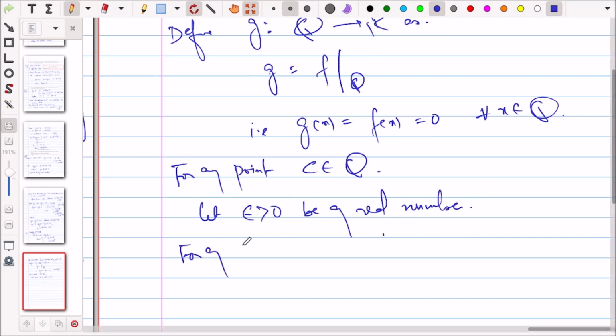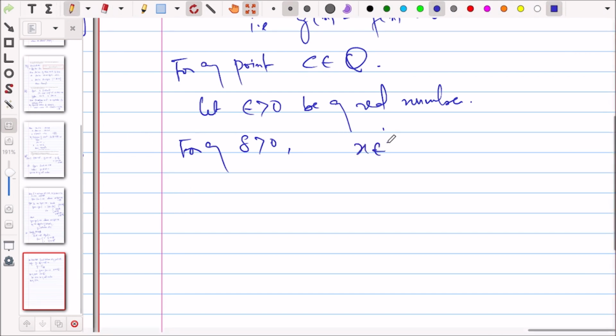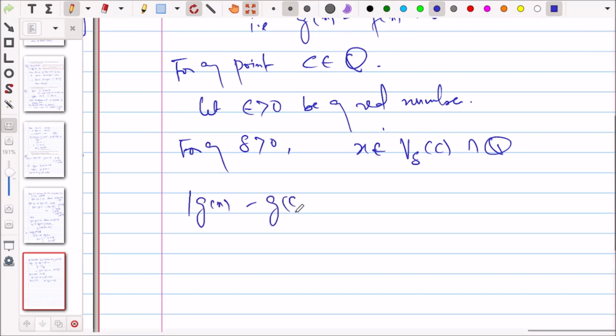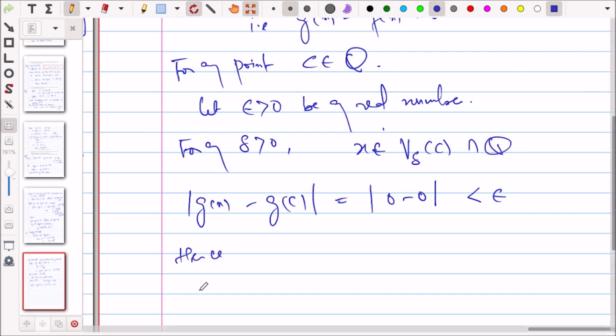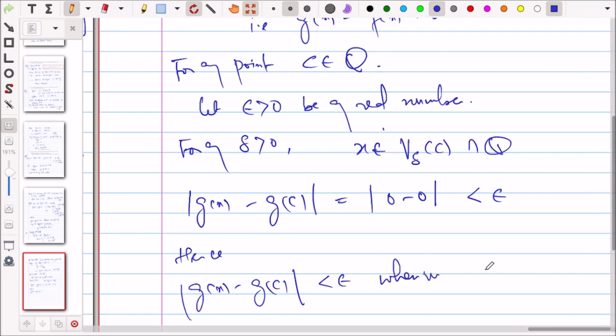Then for any delta greater than 0, x belonging to V delta C intersection Q, because our domain is Q. Gx minus Gc is nothing but 0 minus 0, which is less than epsilon. Hence Gx minus Gc is less than epsilon whenever x belongs to V delta C intersection Q.